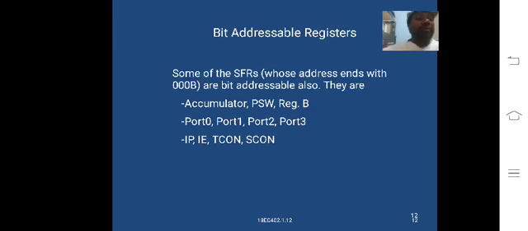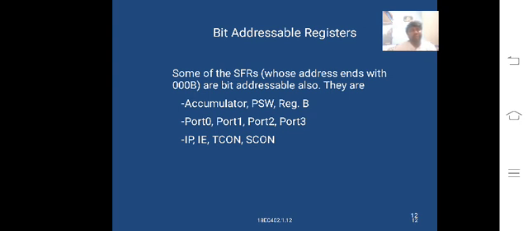Next are the bit addressable registers. Some of the special function registers whose address ends with 0 or 8 are bit addressable also.